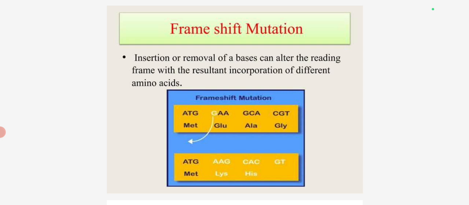Here, in GAA, the G is removed, which means the reading frame is shifted. Instead of GAA, it will be translated as AAG and CAG, then GT. In this way, the frame is shifted, and different amino acids will be indicated.